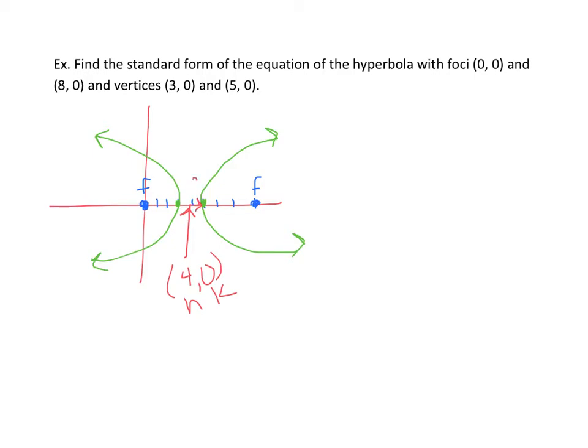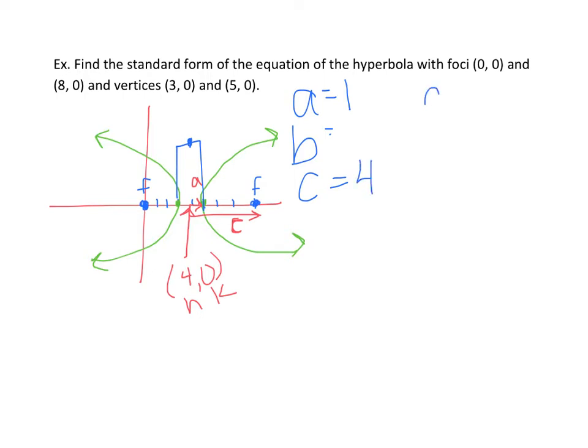So this little spot right here is A. C takes us from the center to the foci, either way. B is the one that we're missing here. So now I know h, k, a has got to be 1. I don't know B, because remember it's that invisible box thing out here. I do know C. I know it is 1, 2, 3, 4 units away.